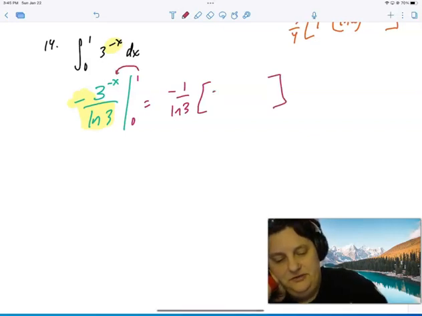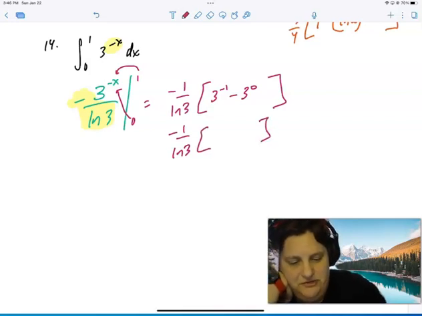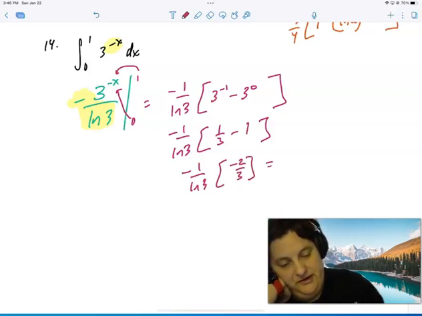So then I can do it like this, 3 to the negative 1 minus 3 to the 0. If I was free response, I'd be done. If it's multiple choice, 3 to the negative 1 is 1/3, 3 to the 0 is 1, and then 1/3 minus 1 is negative 2/3. So I guess my final answer would be positive 2 over 3 ln 3.